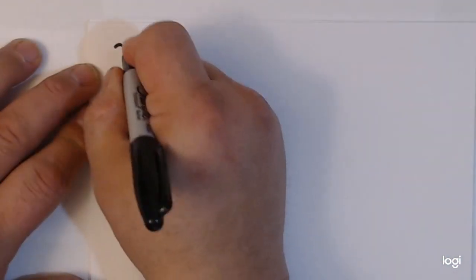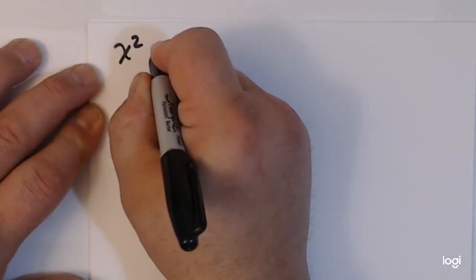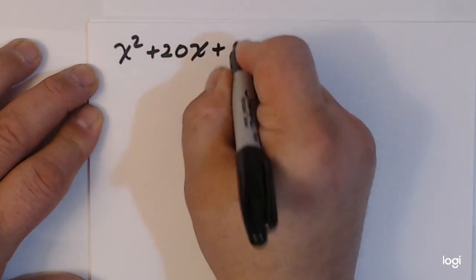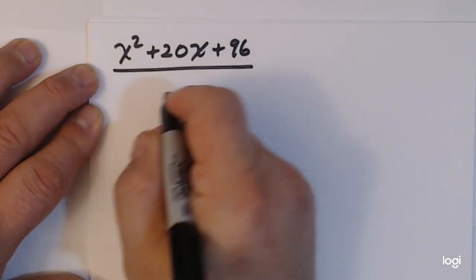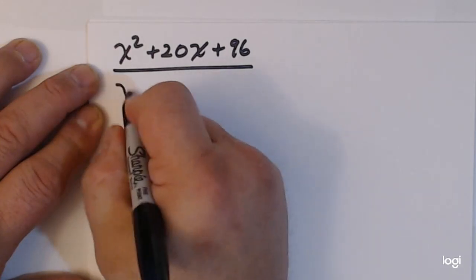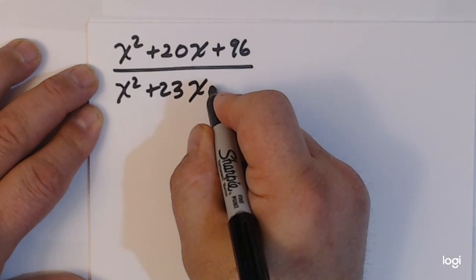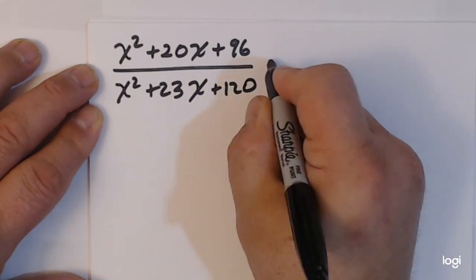How about x squared plus 20x plus 96 over x squared plus 23x plus 120.